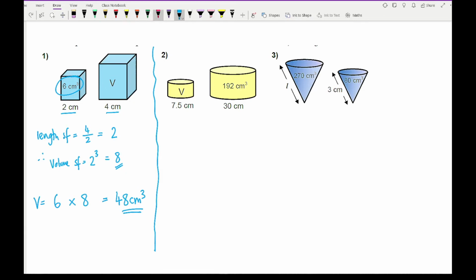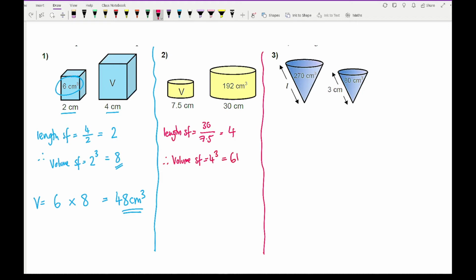Now looking at question 2, again I'm given 2 lengths, and V is the volume, so the length scale factor is going to be 30 divided by 7.5. So 30 divided by 7.5 is 4. So that means that the volume scale factor, because obviously I need the volume scale factor, is going to be 4 cubed, which is 64.